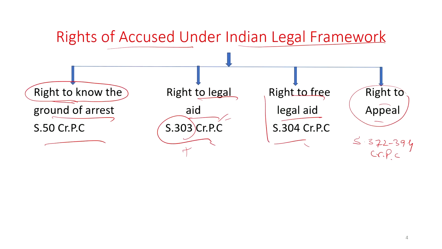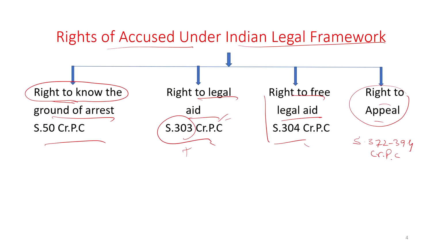Section 304 CrPC is wider than 303. You see, section 304 CrPC talks about free legal aid. The right to free legal aid is a fundamental right, as the Supreme Court has already recognized this right in M.H. Hoscott versus State of Maharashtra, AIR 1978 Supreme Court. In that case, the Supreme Court held that for poor people who cannot engage their counsel, it is the constitutional obligation of the state to provide counsel free of cost.